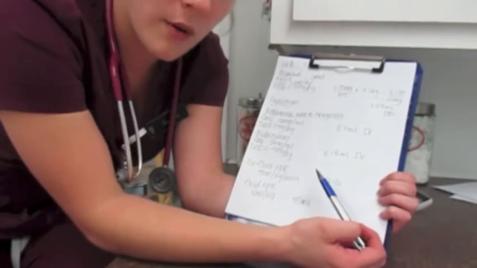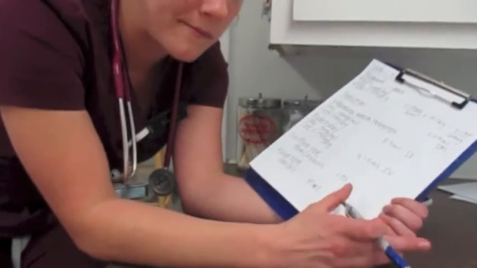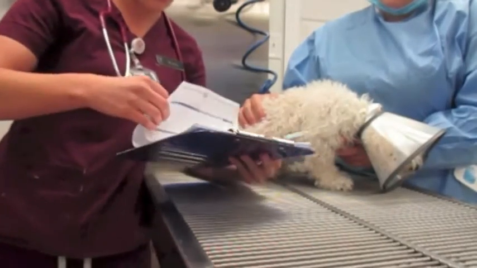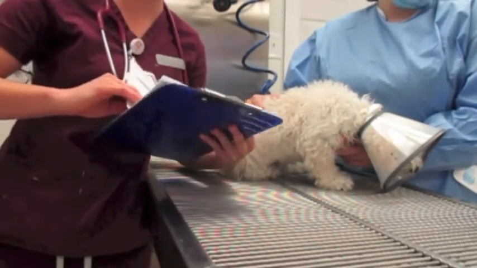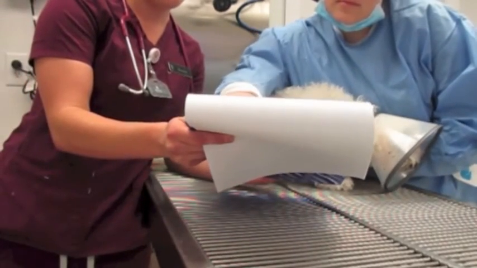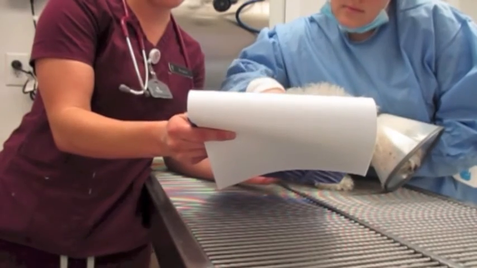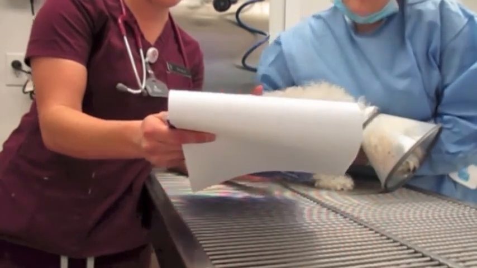Our oxygen flow rate is 1.5 liters, and our fluid rate is going to be 35 mils. We're just going to get the doctor to go ahead and look over our calculations before we start. Looks good. Okay.